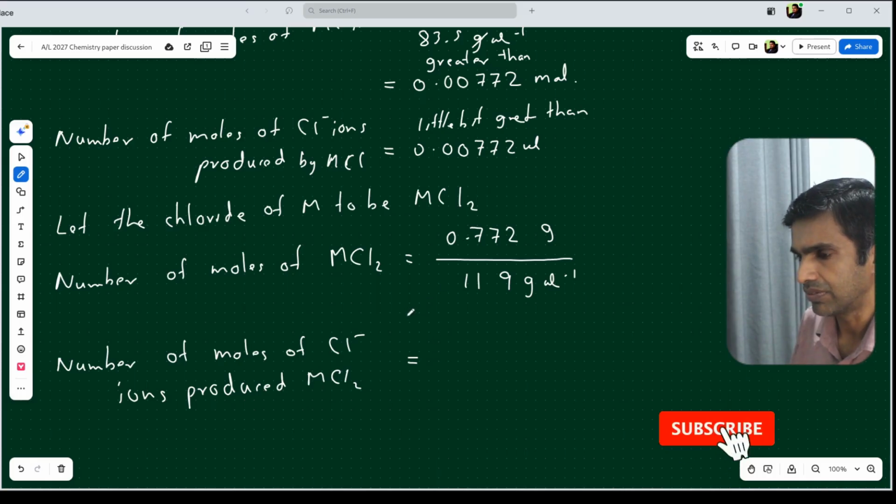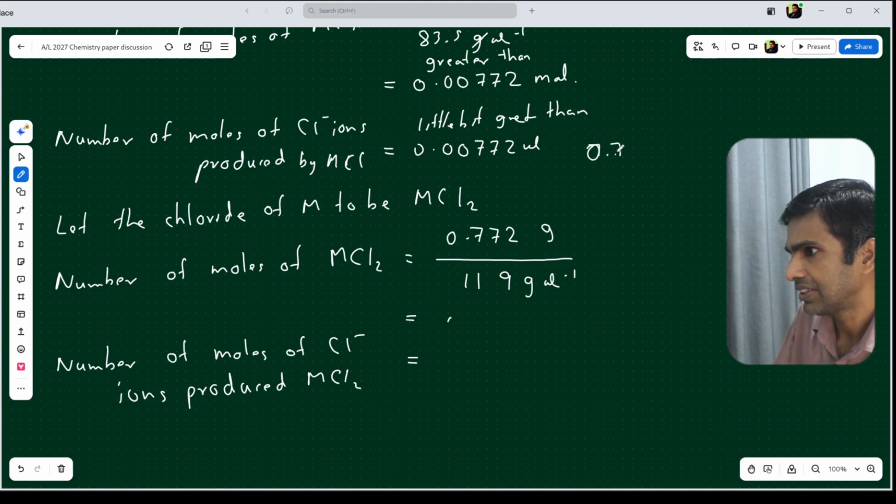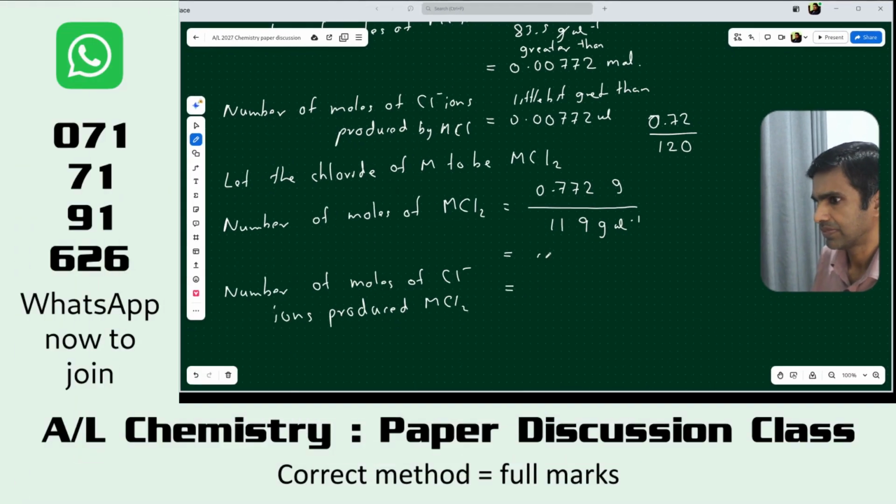So what about this value? Let's take this as 120, then 0.72 divided by 120. So what is the answer? 0.006 moles. So we have taken 0.772 as 0.72. That means the actual value will be a little bit greater than this value.